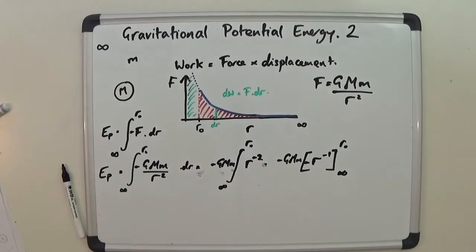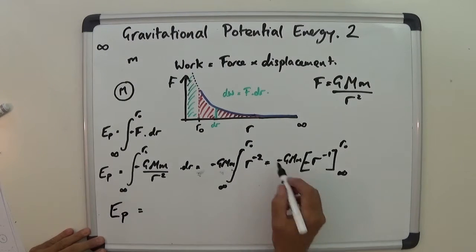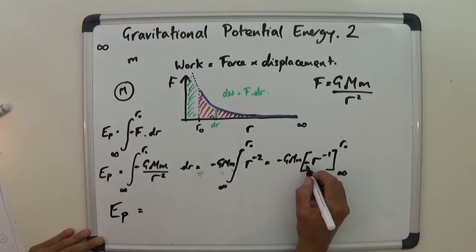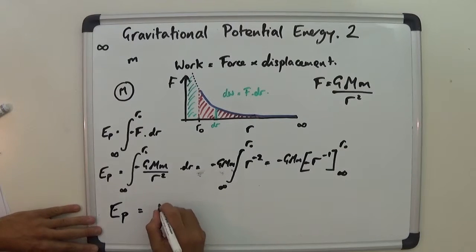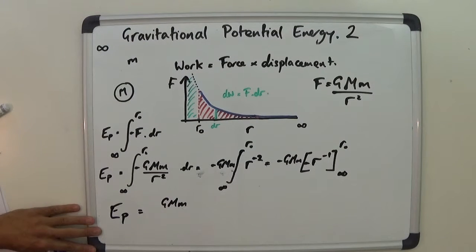With that in mind, it'll start to make a bit more sense, hopefully. We can say the potential energy, EP, is equal to, I'll put this all back together now, minus GMm times minus R to the minus 1. So that's going to be minus GMm, and the minus and the minus cancel out, so I'll get rid of that.